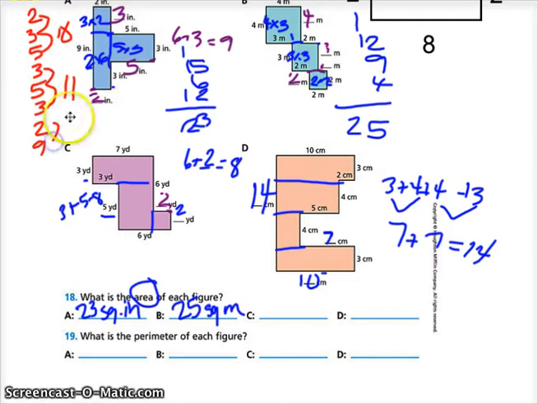And 2 plus 9 is 11. This is a 10. So I have 1 plus 1 plus 0 is 2, and 1 plus 1 plus 1 is 3. So my perimeter for A is 32 inches.